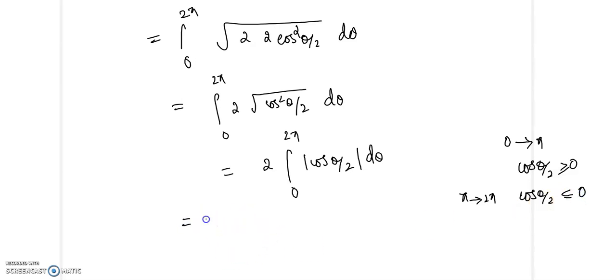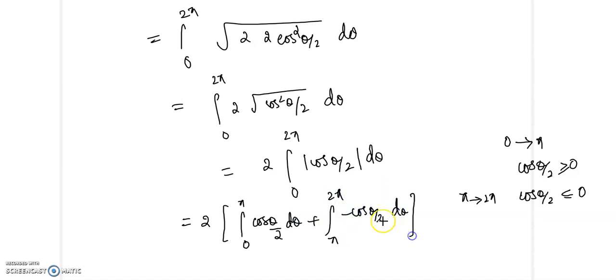So therefore you can write it as 2 times integral 0 to pi cos theta by 2. Here cos is positive, so cos theta by 2 d theta, then pi to 2 pi minus cos theta by 2 d theta.